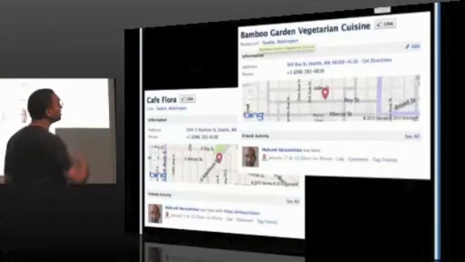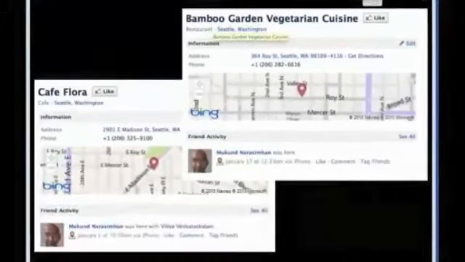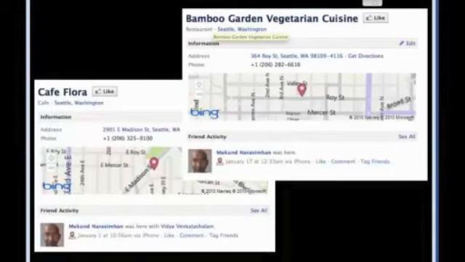So you check into both these restaurants. Perhaps it tells you something about both of these different restaurants, right? Maybe it means that both of these things are vegetarian restaurants. So maybe you can infer that bit of information. So if enough people check into both of these restaurants, perhaps it means that these restaurants are related in some way. Right? So that's one bit of information.